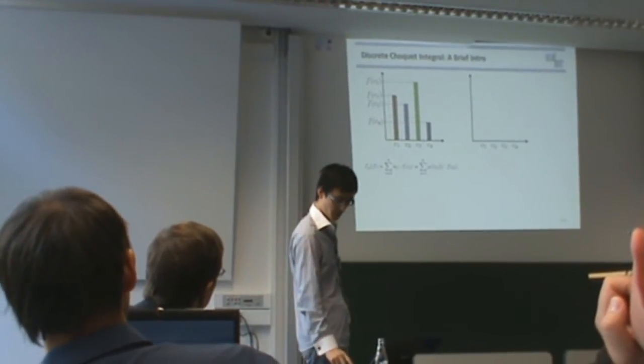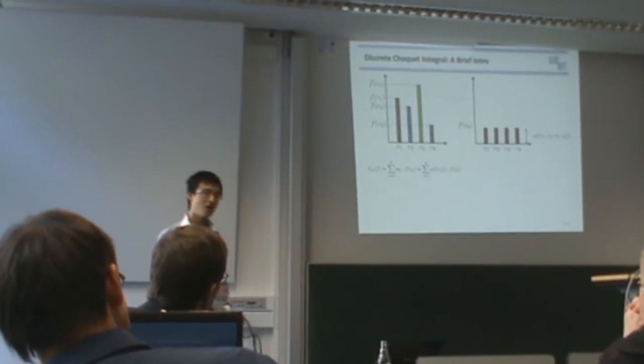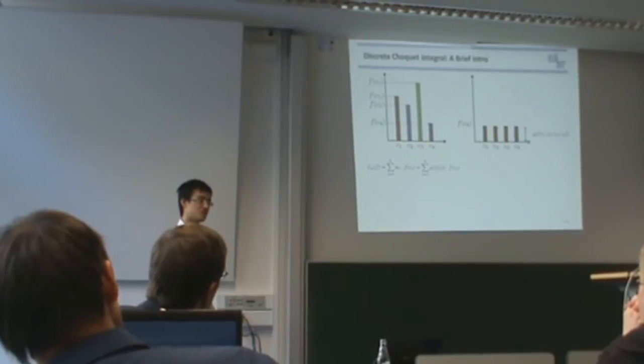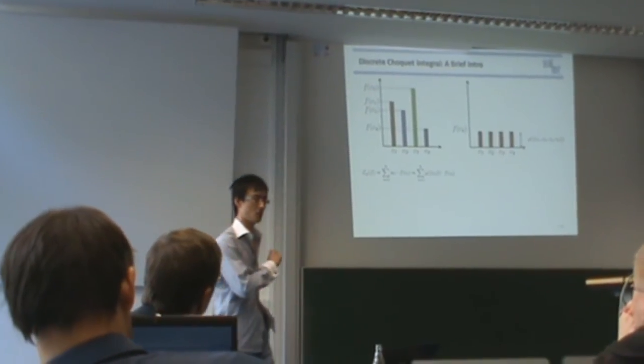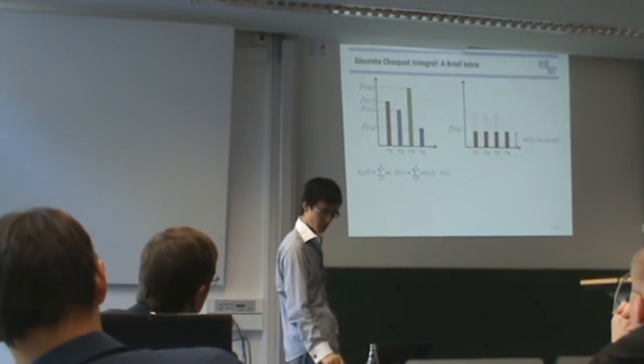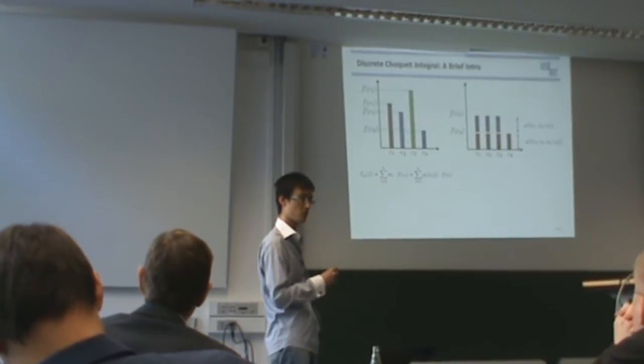For the same thing, we can do the integral in the following way. We first ask ourselves, how many of the criteria have an evaluation of at least, say, 4? In this case, all of them. And then we ask ourselves, how many are between the evaluation of C2 and C4?